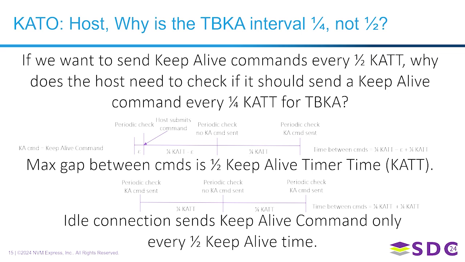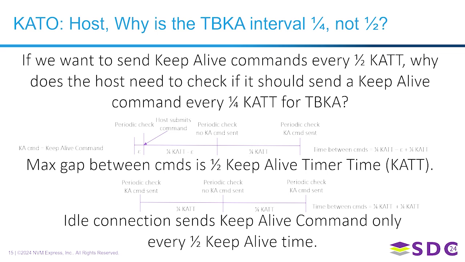So with traffic-based keep alive, the host has an opportunity to not send a keep alive. And if it wants to do that, that's fine. If it doesn't, that's fine too. Everything will work just perfectly if the host decides, I'm going to do exactly the same thing, no matter whether the controller is using traffic-based keep alive or command-based keep alive.